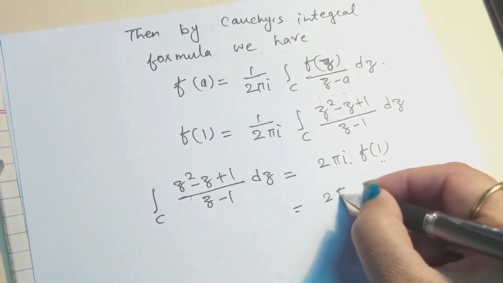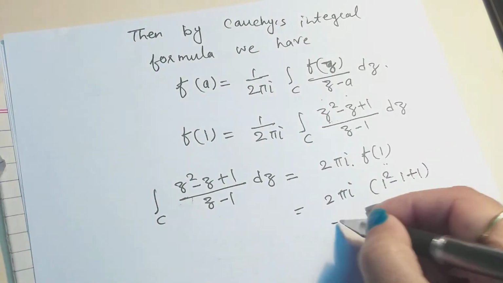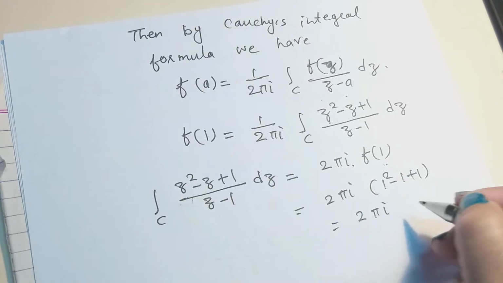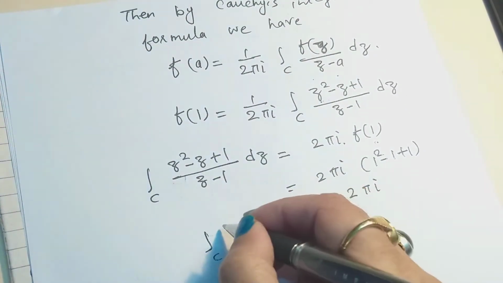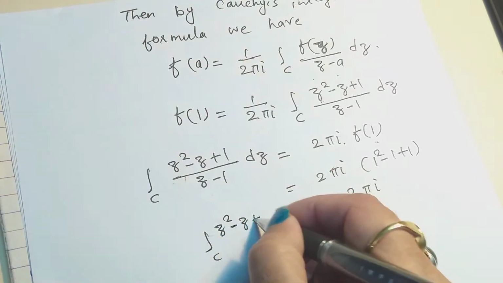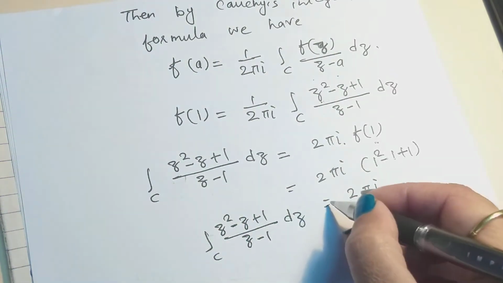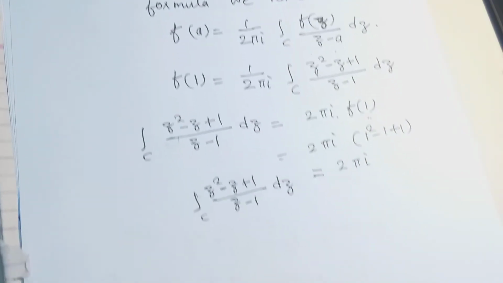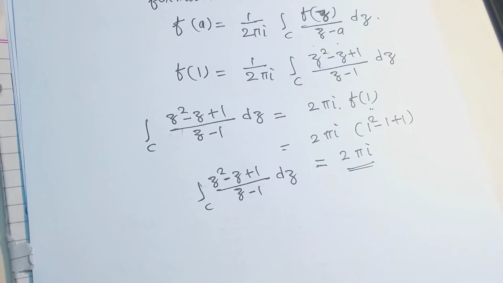So we get 2 pi iota times 1 square minus 1 plus 1, that means 2 pi iota. So the value of this integral for the given circle will be 2 pi iota, right?